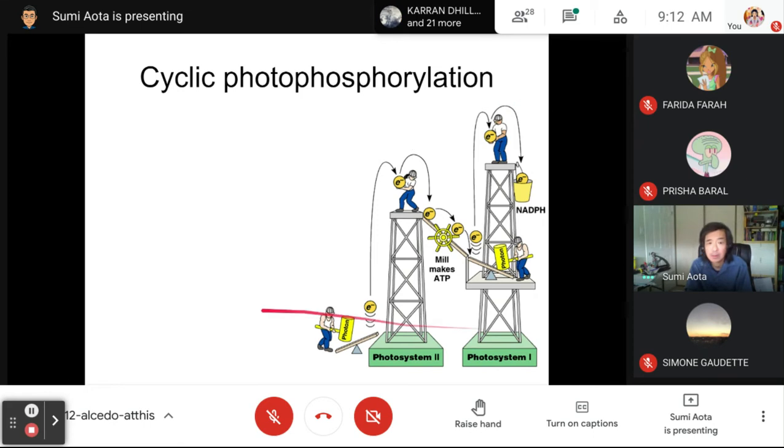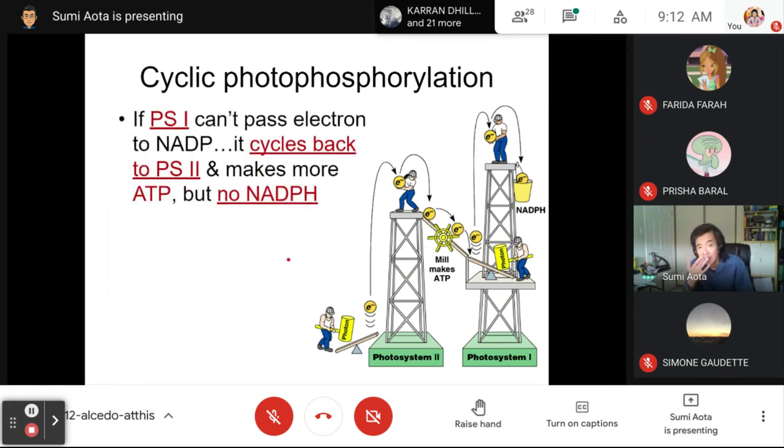They loop. If for some reason, and I haven't gotten into the reason yet, NADPH can't be made, then the electrons will go back to PS2 and then come through the system again. So in that case, you're just going to make ATP, but you don't make any NADPH.